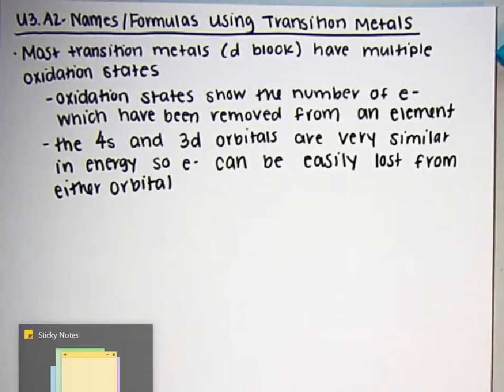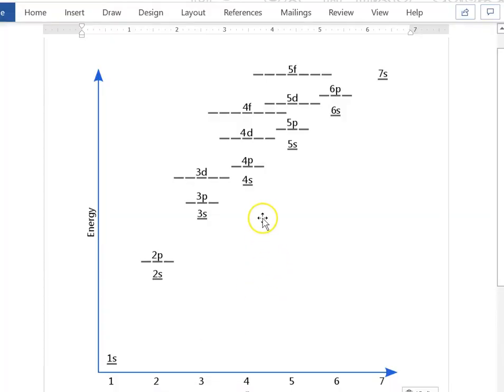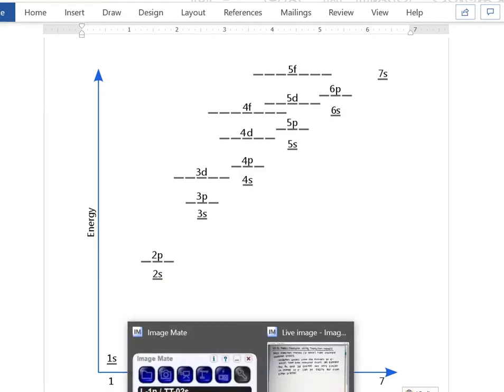Looking at a picture of our relative energy levels, if we're looking at the 4s orbital and the 3d orbital, they are very similar in energy. Energy increases up along the y-axis. Since these orbitals are so similar in energy level, that means that we can easily lose electrons from either orbital.